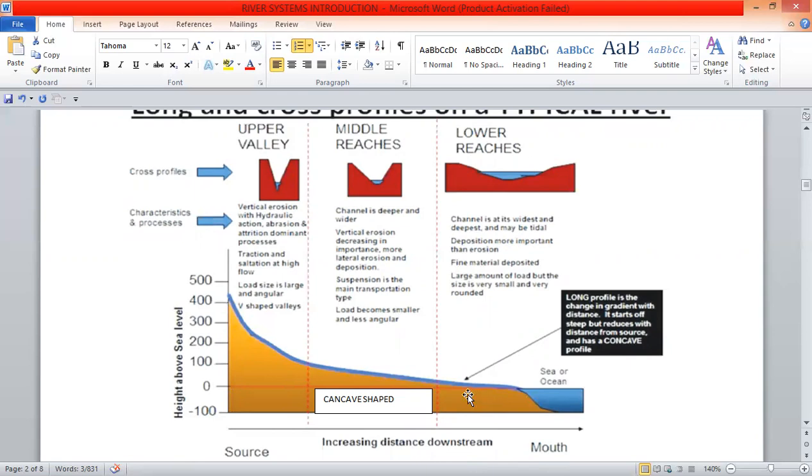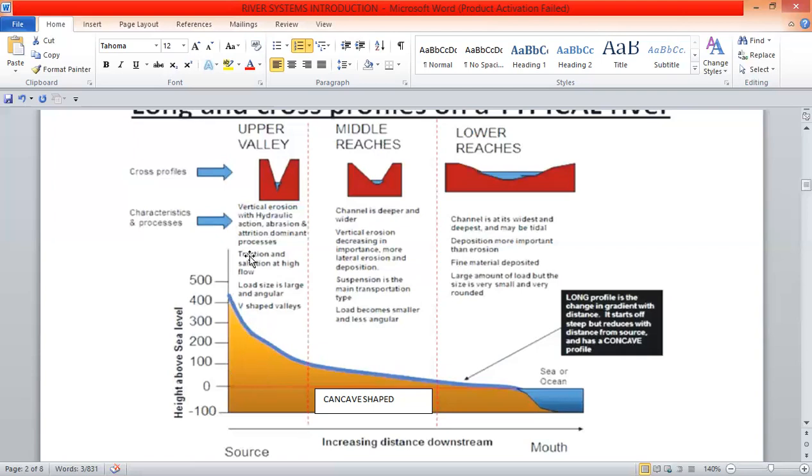Okay, and these are the characteristics in the first stage. In the first stage, we've got vertical erosion, where hydraulic action, abrasion, attrition, we'll talk about this. They are dominant processes. Traction and saltation is the dominant process of transporting material here, because they are heavy.